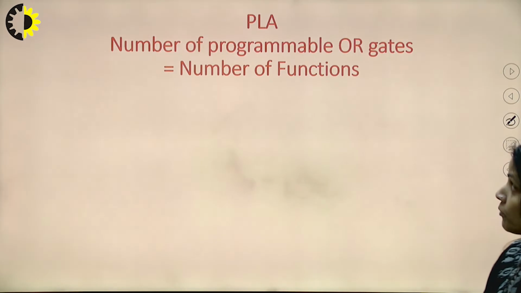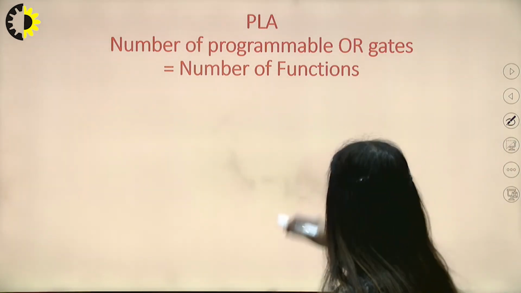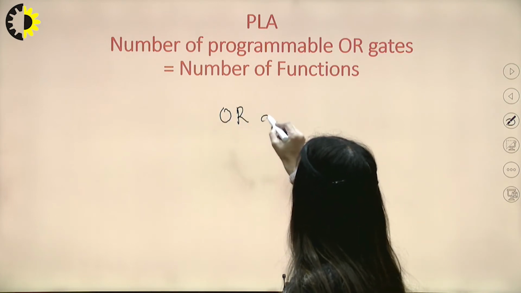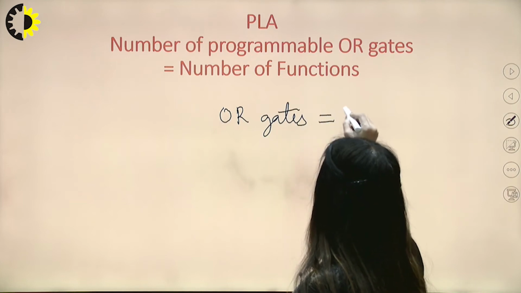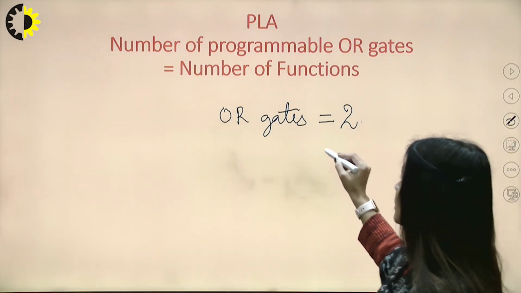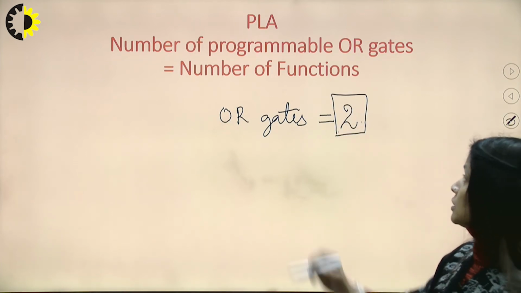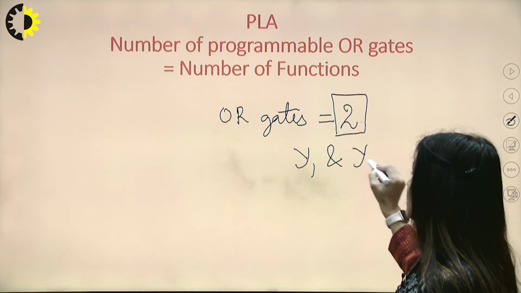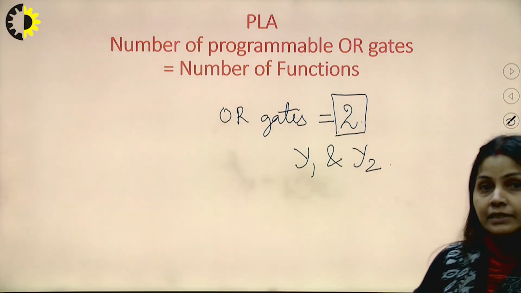The number of programmable OR gates will be 2 in this case, because we are having 2 functions or 2 outputs. First is y1 and second one is y2. Okay. So this part is clear.